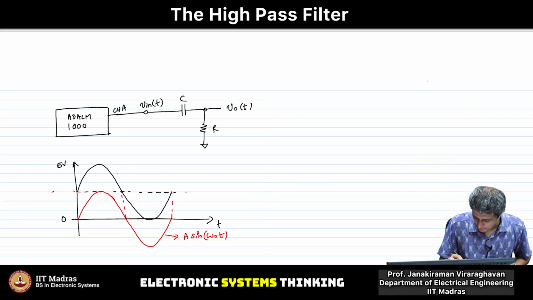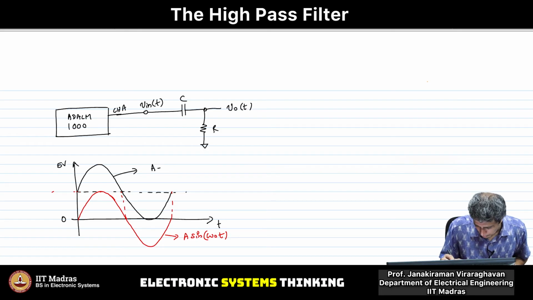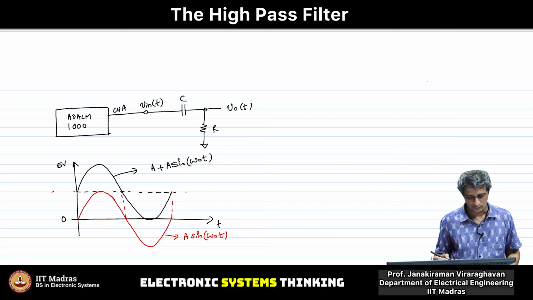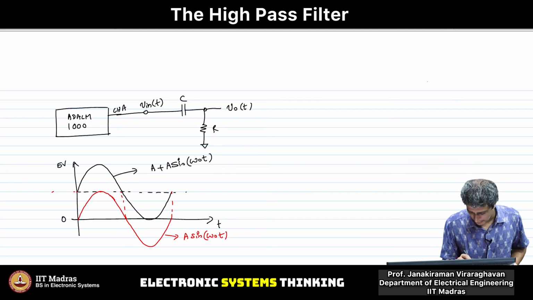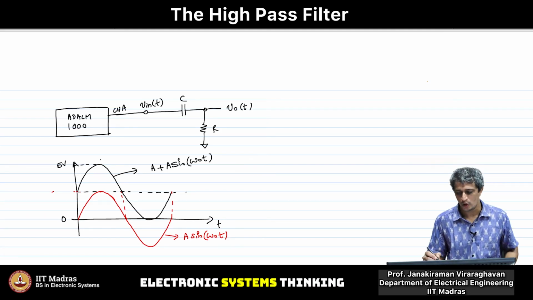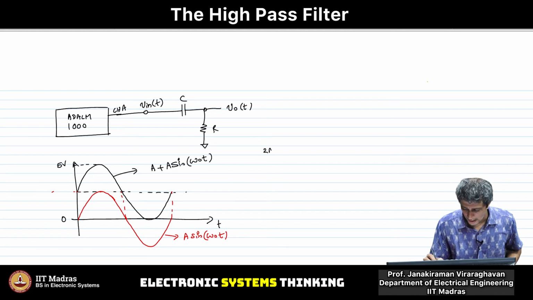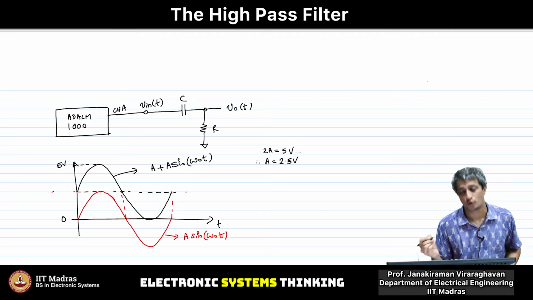So the equation of this is actually A plus A sine omega naught t, and therefore this amplitude 5 volt, 2A will be equal to 5 volt, and therefore A will be equal to 2.5 volt.